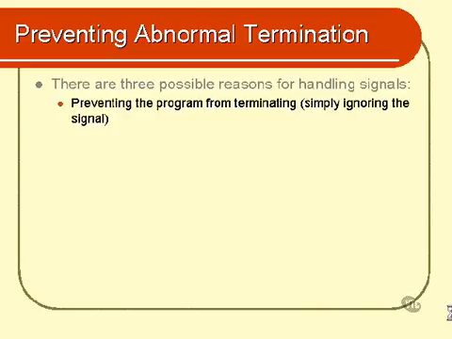The first is to prevent the program from terminating. In other words, you may not want to terminate the program upon receipt of a particular signal. It may be vitally important that your program keep running, and so you would want to make sure that all signals that could possibly be sent to your program are essentially ignored.